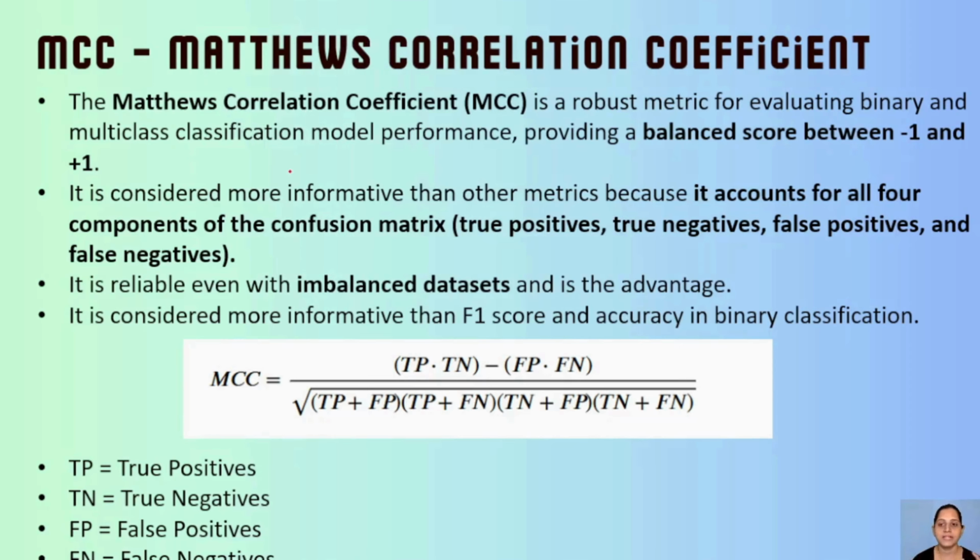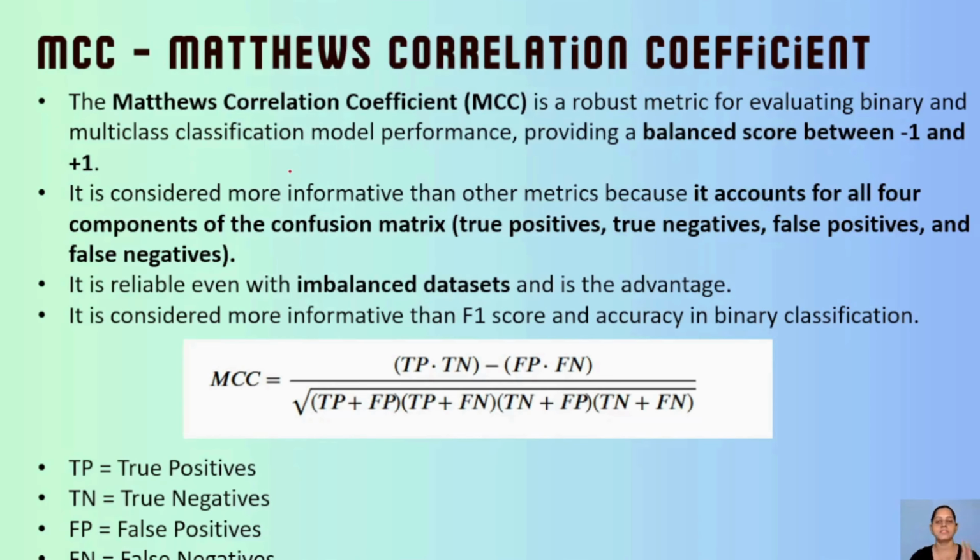With that score, we can infer that it accounts for all 4 components of your confusion matrix. That's why it is very effective, because true positive, true negative, false positive, and false negative all come into the picture, and it is very reliable in case of imbalanced datasets.